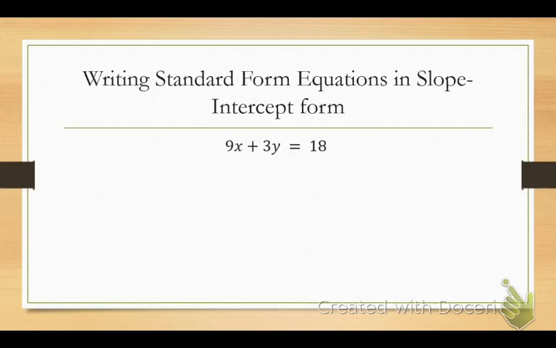I want you to rearrange it so it will be in slope-intercept form. What's slope-intercept? Y equals mx plus b. Solve for y. All you're doing is rearranging this equation. Where does your heart go? Around the 3y. Now get everything else to the other side.